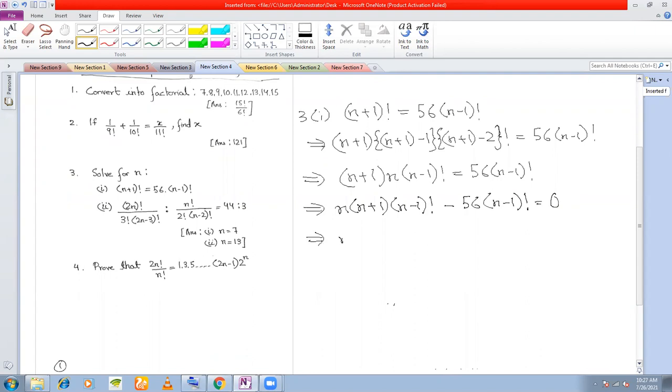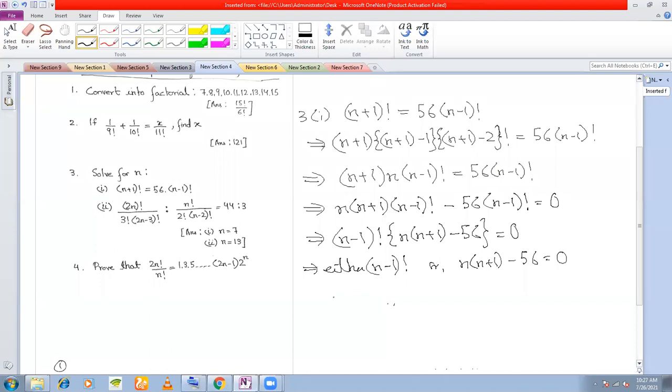So now you can take n minus 1 factorial common to get n into n plus 1 minus 56 is equal to 0. That means either n minus 1 factorial is equal to 0 or n into n plus 1 minus 56 is equal to 0.